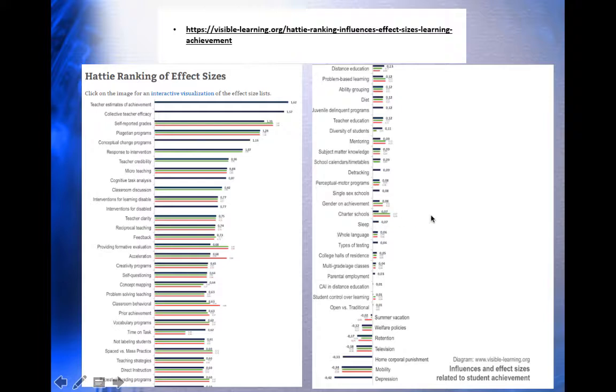Sleep, whole language, types of testing, college halls of residence, parental employment. I'm guessing computer-aided instruction and distance ed. So these are things that basically have no effect on student achievement. So this will give you some idea about possible effect sizes.